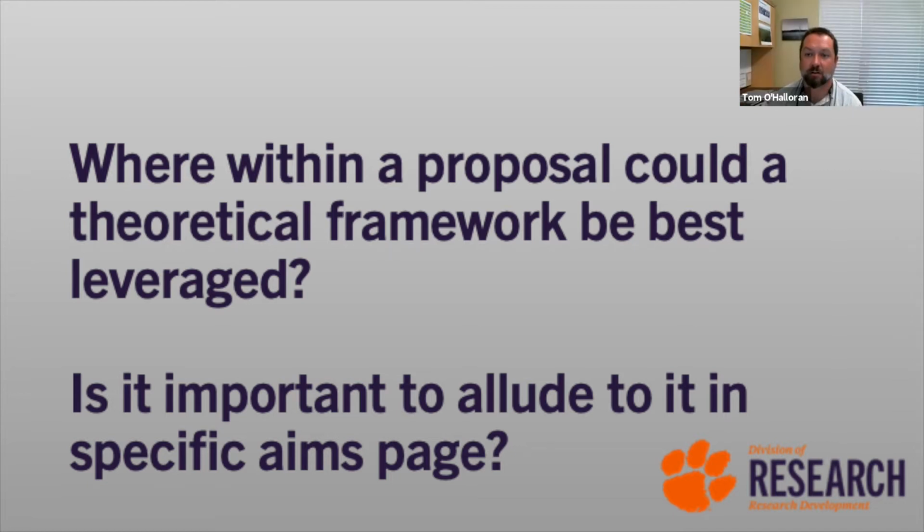Going back to what Dr. Powder said, I think if what's transformational about the project is an advancement to a theoretical framework or a new theoretical framework, then certainly you want to mention that in the project summary, but you probably don't have the space.